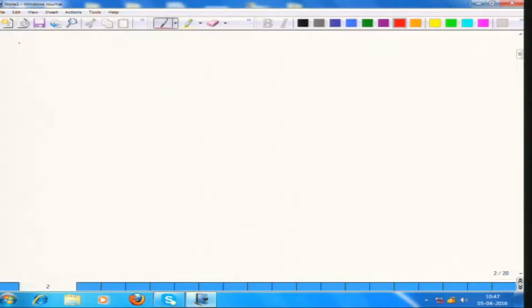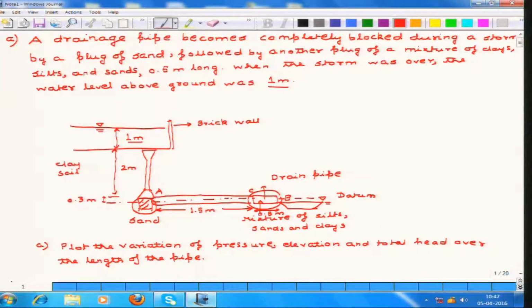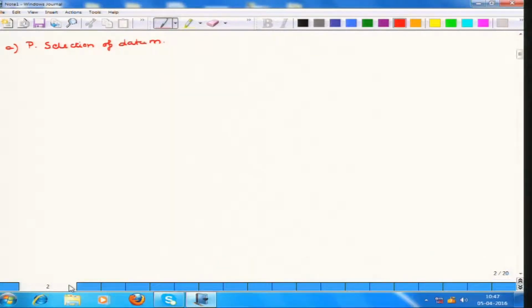Now, the first strategy that we are going to accomplish during this problem is that we have to select a datum. As said in the question, the datum is selected at the bottom of B. So basically this point is selected as the datum.